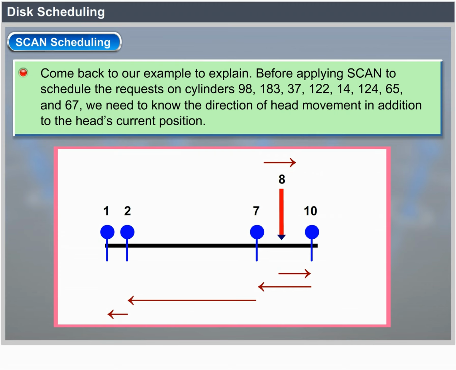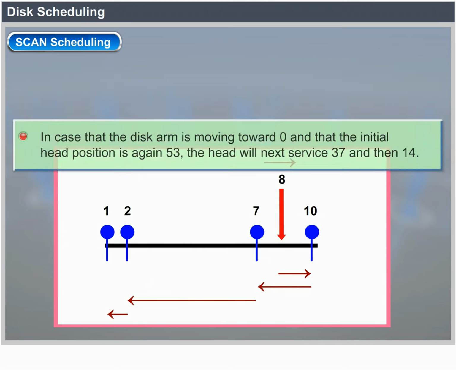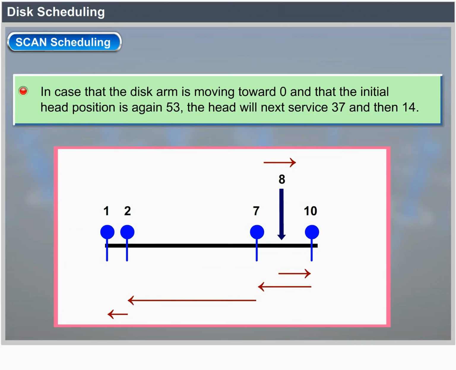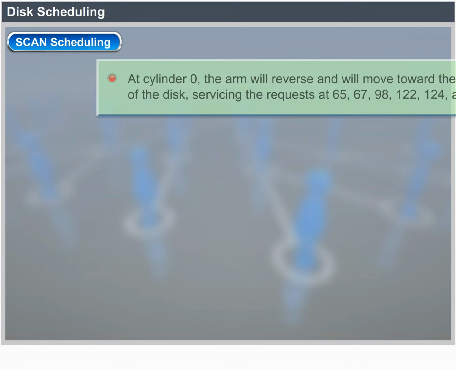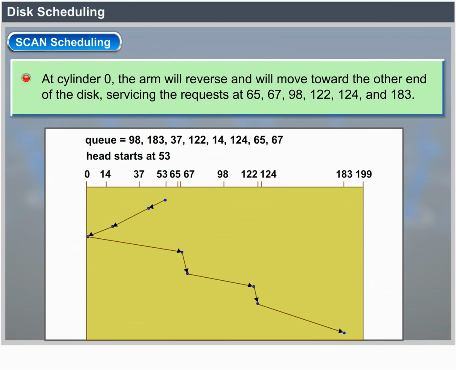Assuming that the disk arm is moving towards 0 and that the initial head position is again 53, the head will next service 37 and then 14. At cylinder 0, the arm will reverse and will move toward the other end of the disk, servicing the requests at 65, 67, 98, 122, 124 and 183.